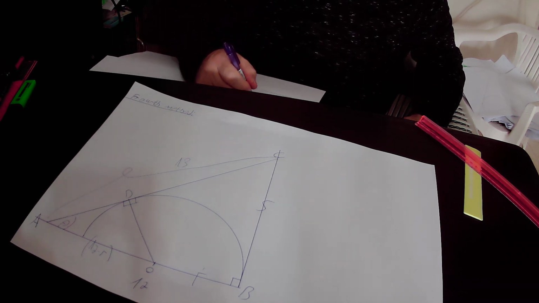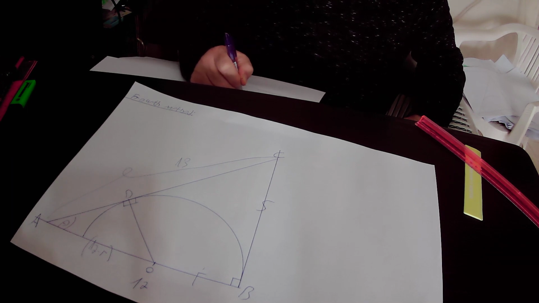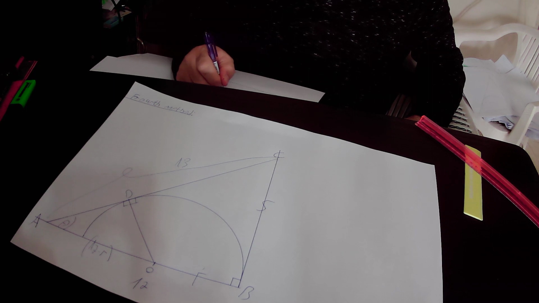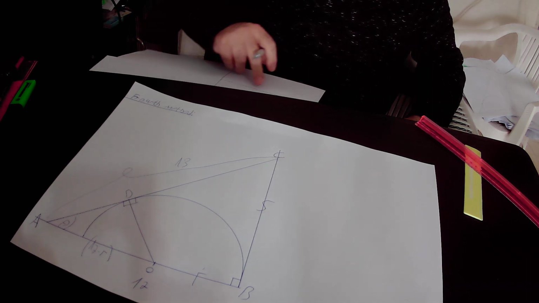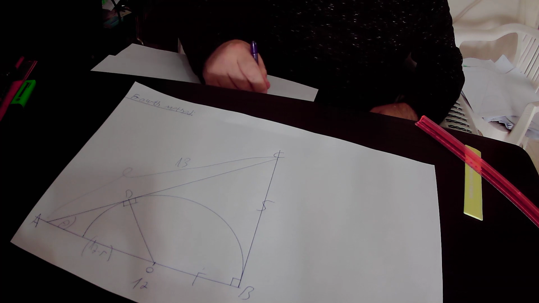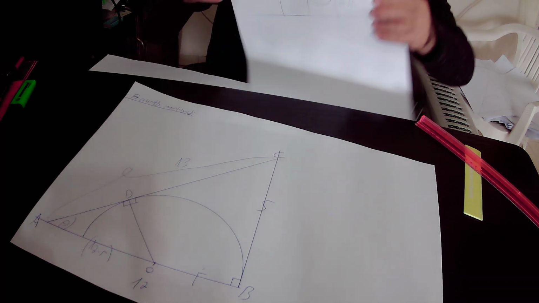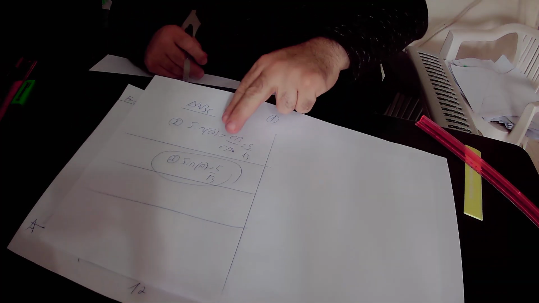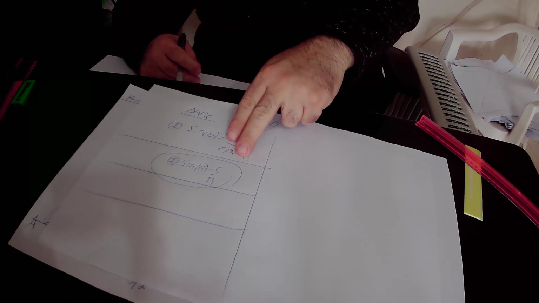So in conclusion, according to equation number 1, sine theta equals 5 over 13.